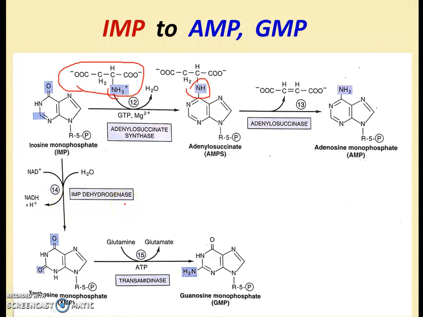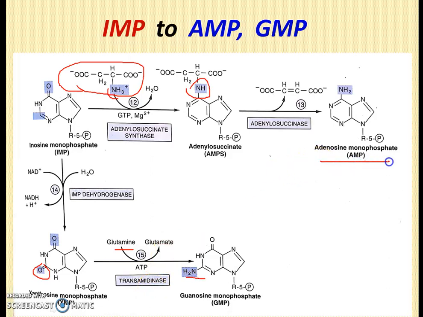Here you can see the oxidized xanthosine, it is converted to guanosine monophosphate by the transfer of an amino group from glutamine to the xanthosine monophosphate. The glutamine is converted to glutamate with the help of the enzyme transaminase.